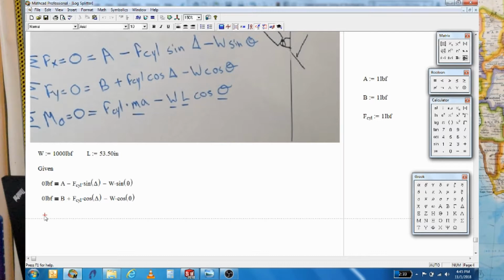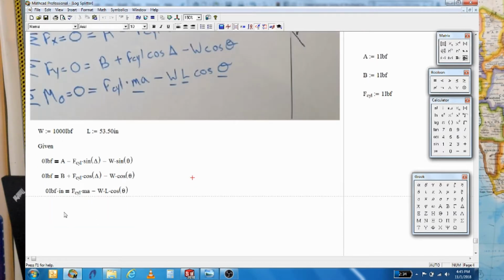And our last equation, we got to include inch pounds or pounds inch. Alright, and that's the moment arm we calculated from last time. Minus the weight times the length times the cosine of theta. And that's just a small angle that we get there. Okay, so hopefully this worked well.